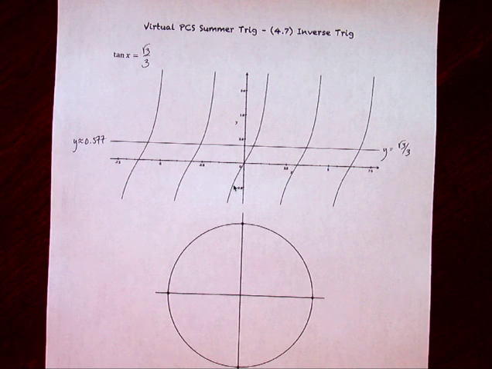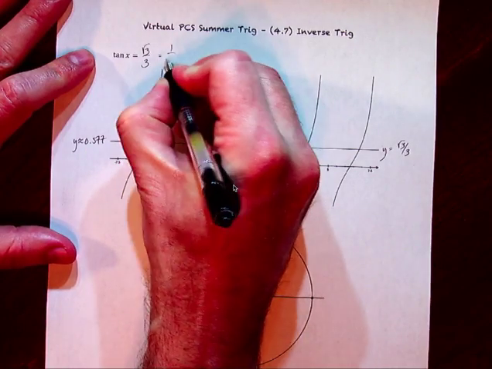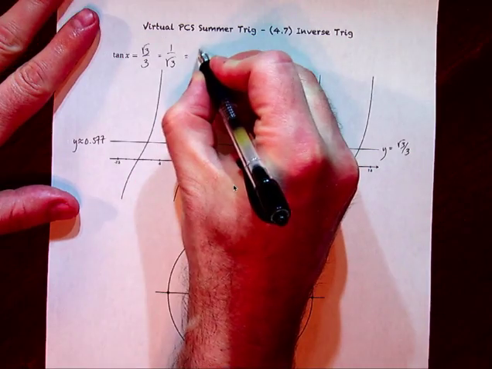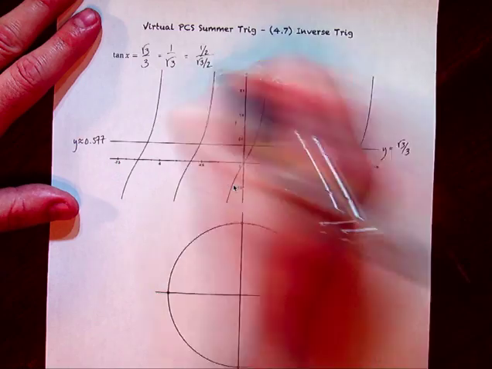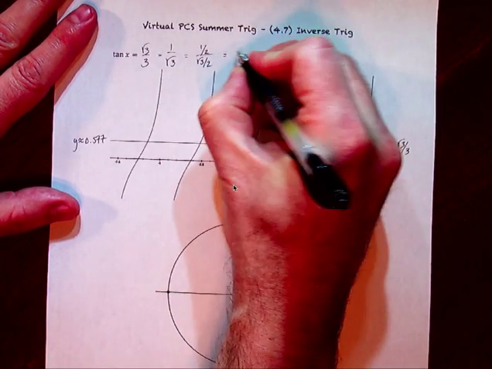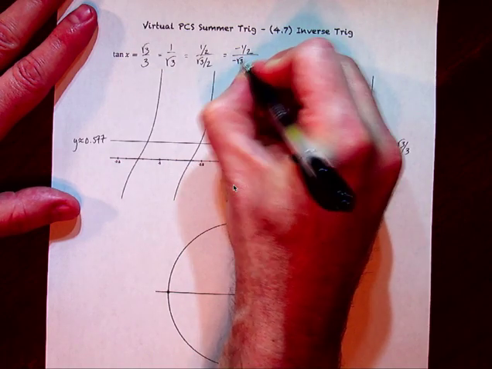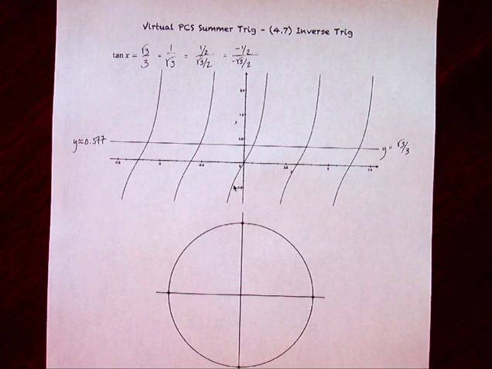Now, if we're looking for where tangent is equal to root 3 over 3, that's another way of saying where is it equal to 1 over root 3, right? Because root 3 over 3, we arrived at that value, and it's familiar to us because what we had really done is we had arrived at a sine ratio of 1/2 and a cosine ratio of root 3 over 2, or alternatively, a sine ratio of negative 1/2 and a cosine ratio of negative root 3 over 2, and we had simplified and then rationalized the denominator.